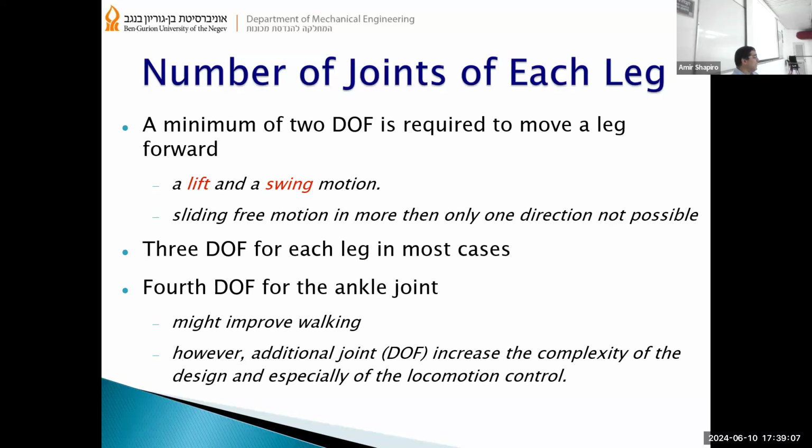Sometimes we add the ankle joint. It has effect also on stability, because then we can have a flat surface that touches the ground. And this will be the 4th degree of freedom for the legs. But more degrees of freedom is more complexity.